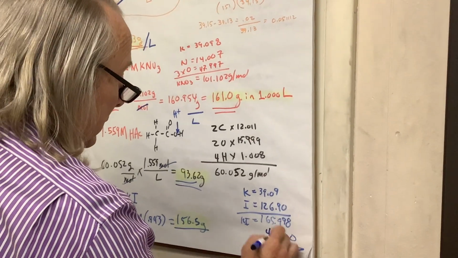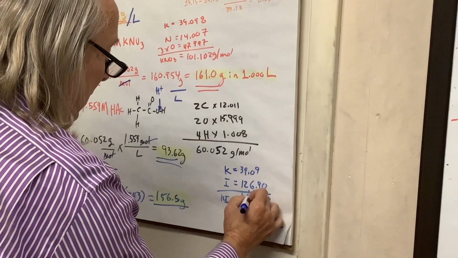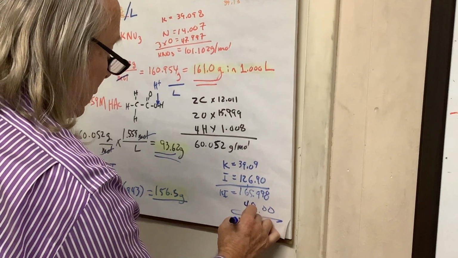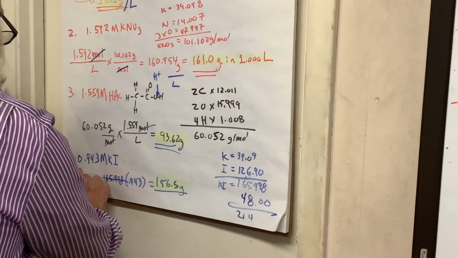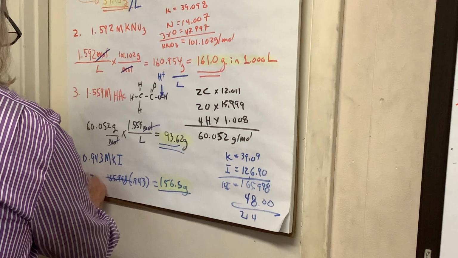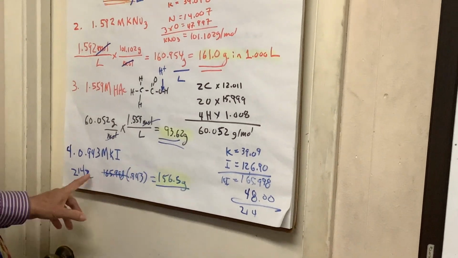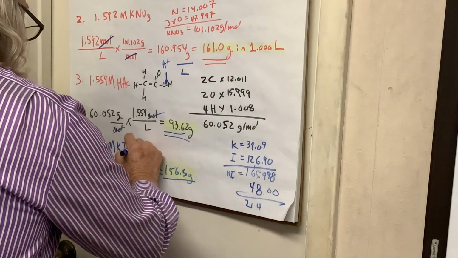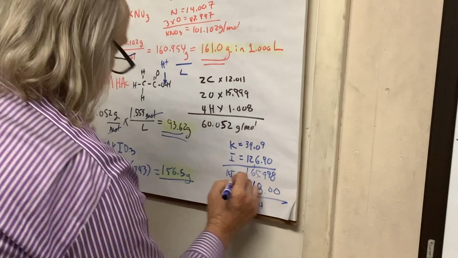So that's 166. 214. This would actually be 214. Oops. I'm glad I did this. KIO3. This is plus 3 more oxygens, okay?